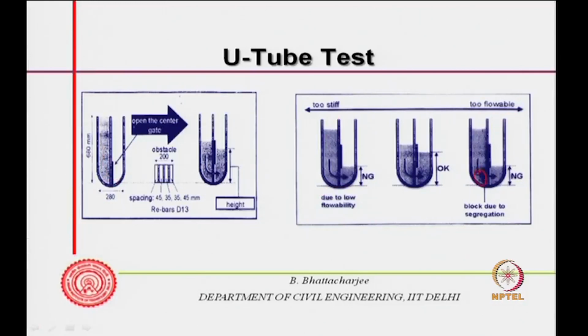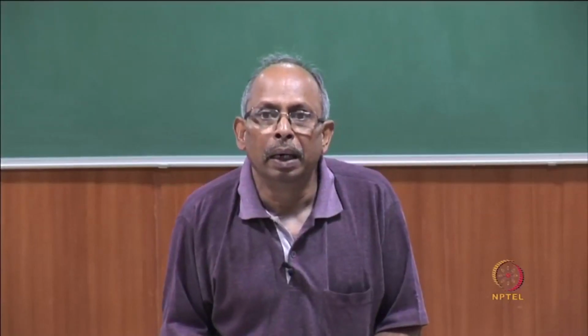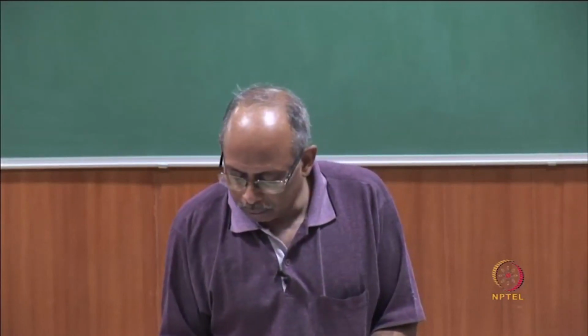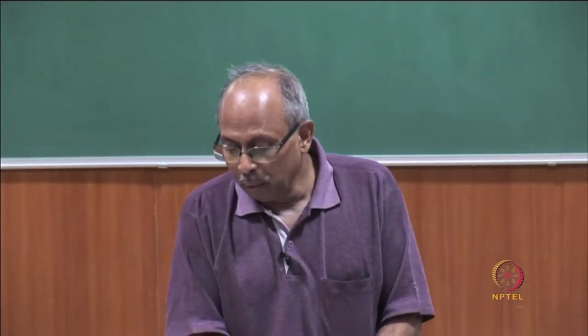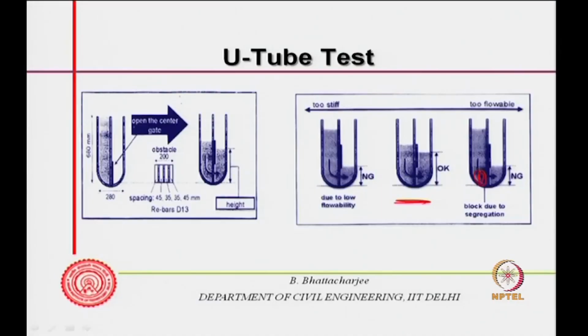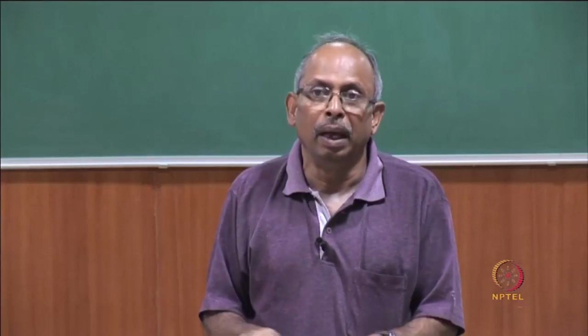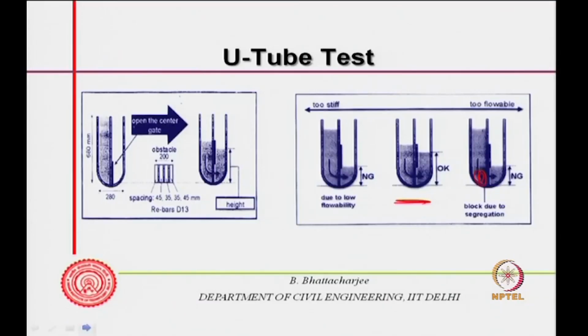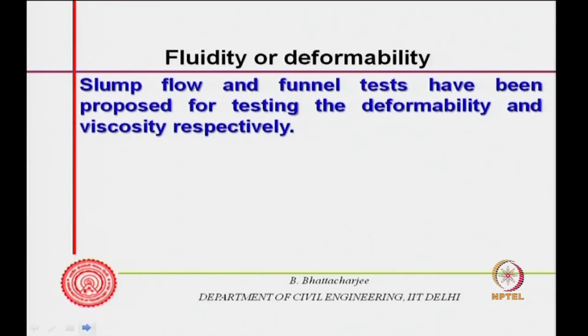Solid remains accumulating here, and therefore it is not self compacting. A self compacting one, like water, would have two equal heights, but this is not water, so they should be sufficiently close to each other. So, this is called the U tube test.